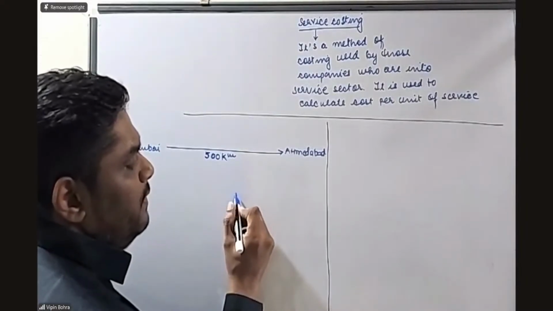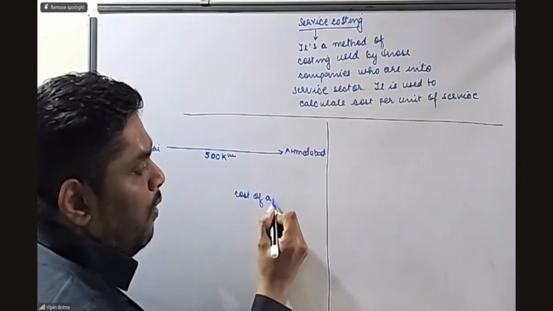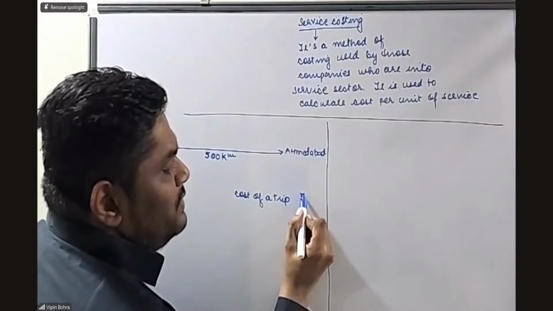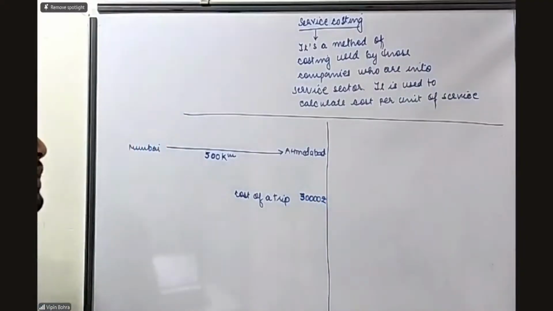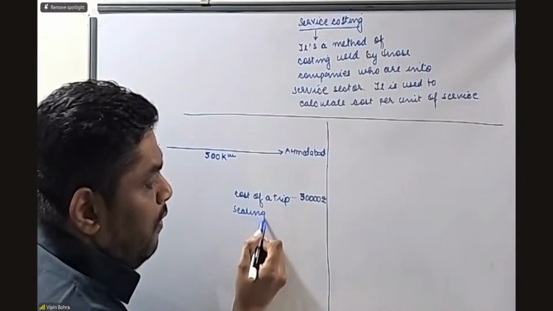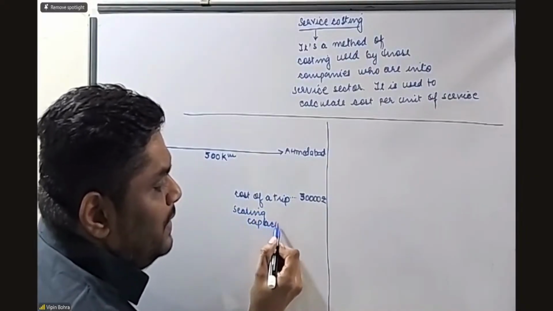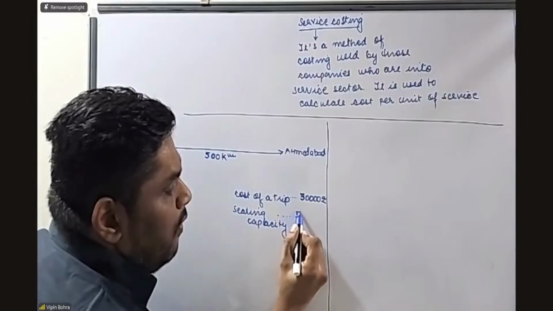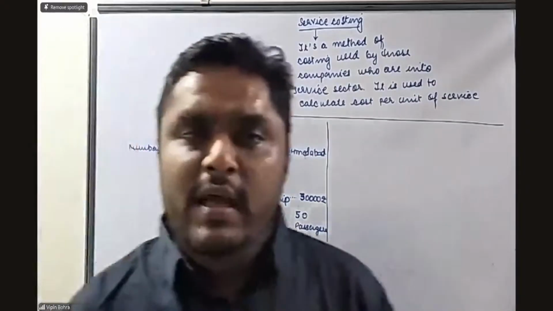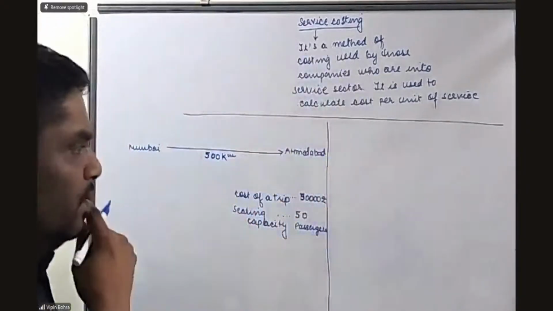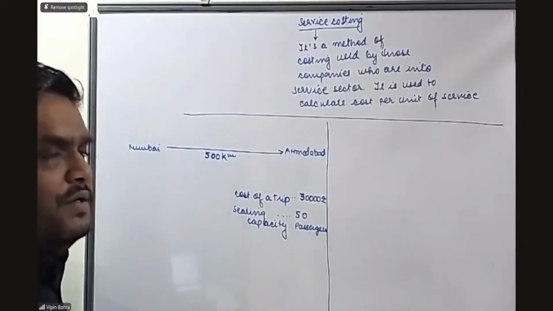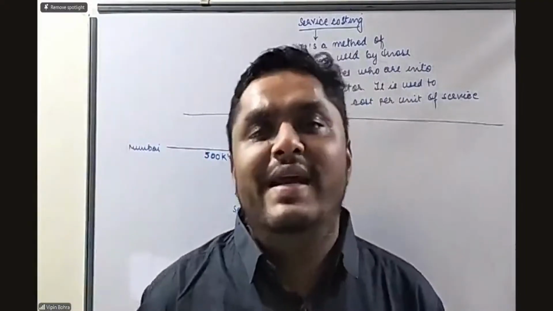The cost of a trip is, let's say, 50,000 rupees, including the cost of diesel, the cost of drivers and conductors, and tolls.